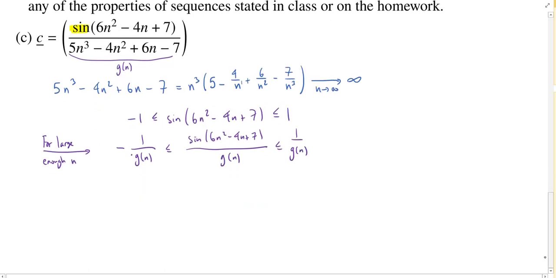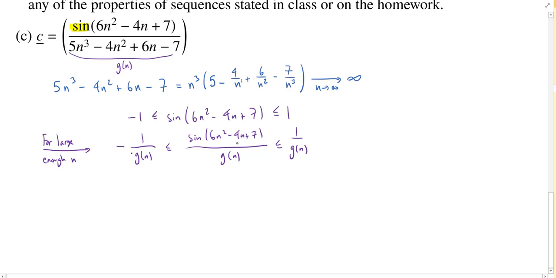However, the nice thing about the left side and the right side is that we know the denominators are going to infinity. So negative 1 over g of n, as n goes to infinity, so does g of n, and so the quotient is going to go to 0. There's a negative, that doesn't bother us. And the same thing on the right.